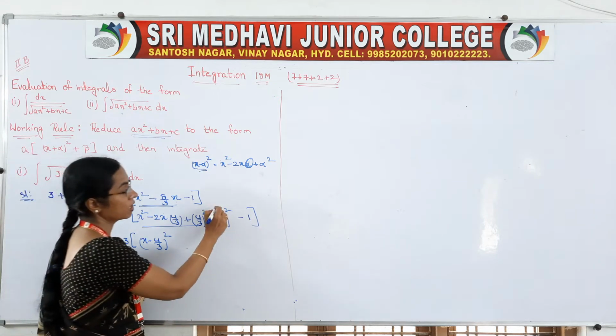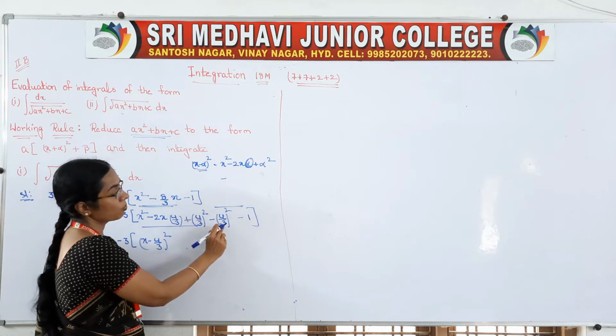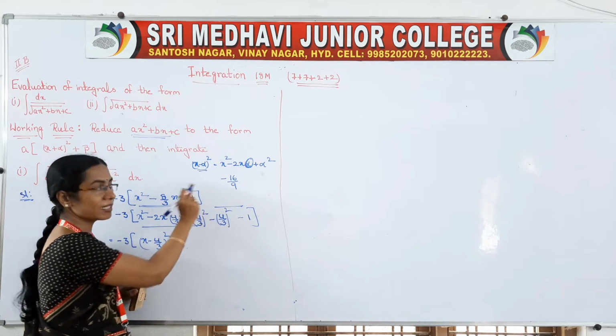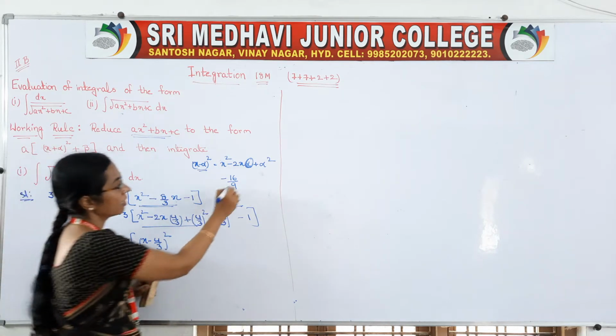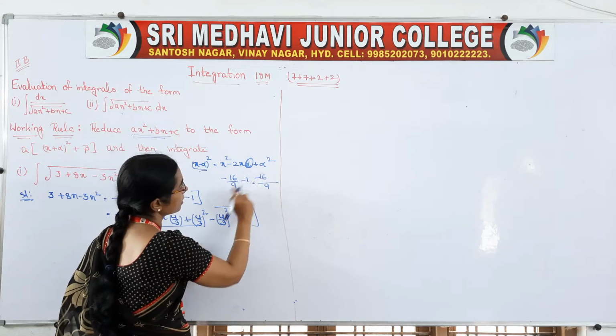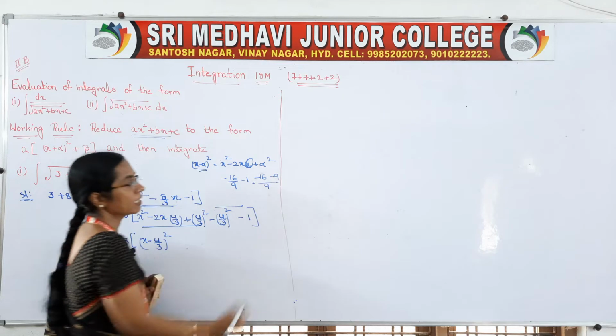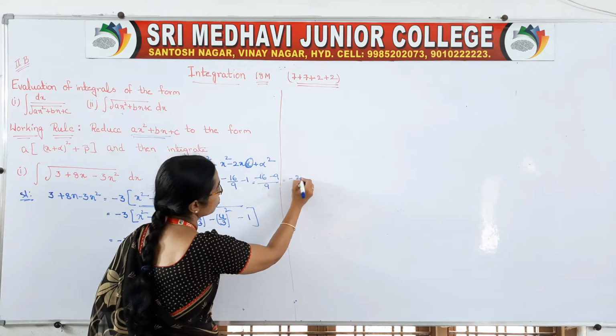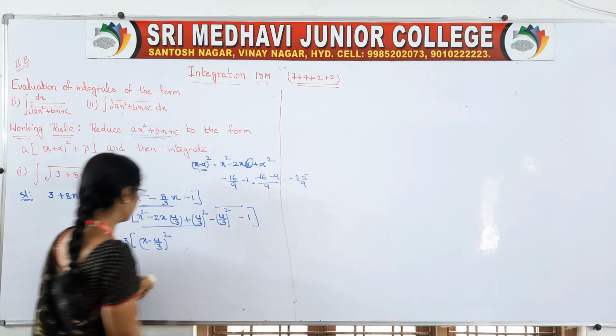Now come on, from these two, what is this? 4 by 3 whole square means 16 by 9. Minus sign is there, right? And minus 1. So 9 is the LCM. Minus 16 minus 9, that is minus 25 by 9. Isn't it? Minus 25 by 9.